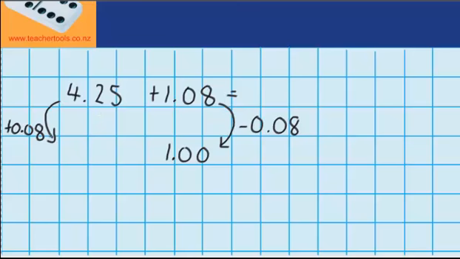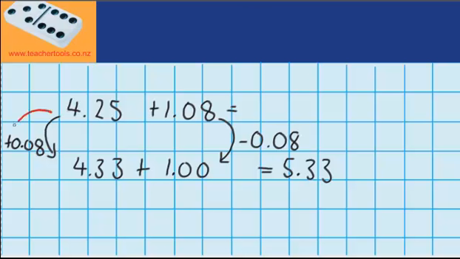And 4.25 plus 0.08 is 4.33. So now I'm left with this easy question. 4.33 plus 1 whole equals 5.33.